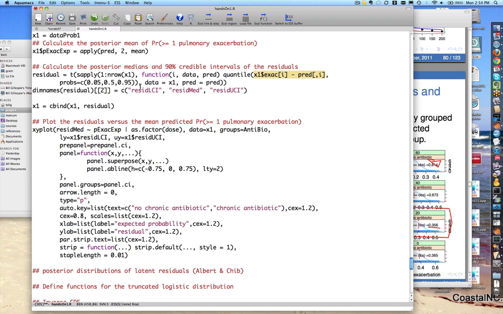That's all embedded inside of calculating the quantiles of those to get our posterior median and 90% credible intervals. And then I just stick some labels on that. I then pull that together with the observed data, and then I do those residual plots in here.